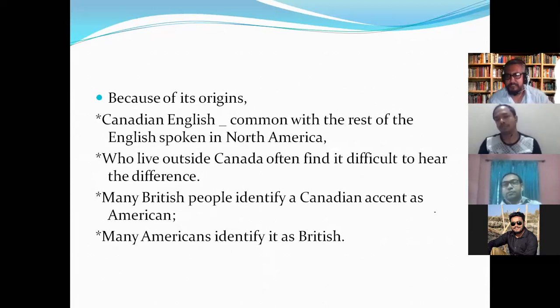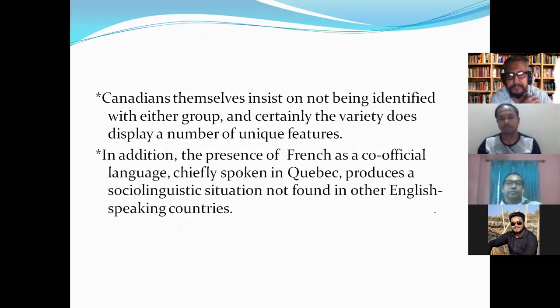And the British people say, no, this is not our language, this is American language. Okay, only for the origin of their language. The Canadians themselves insist on not being identified with either group. And Canadians say, no, our English is not similar to British. Our English is not similar to American English. And certainly the variety does display a number of unique features.